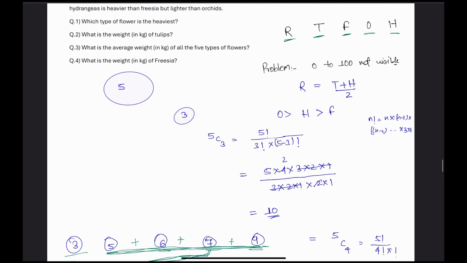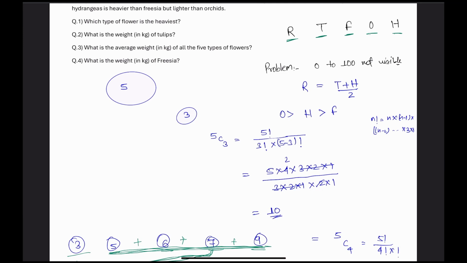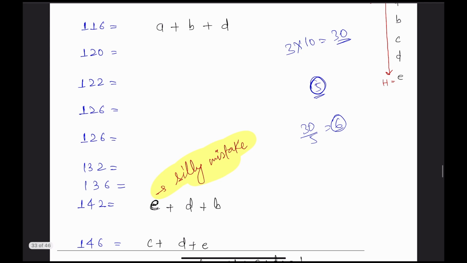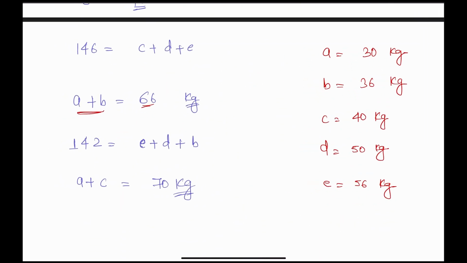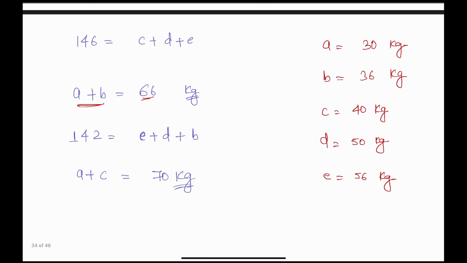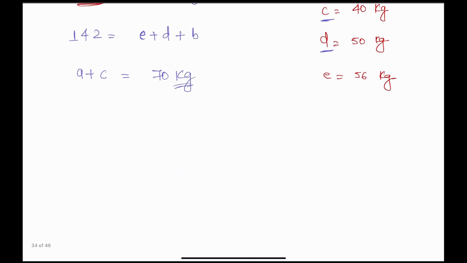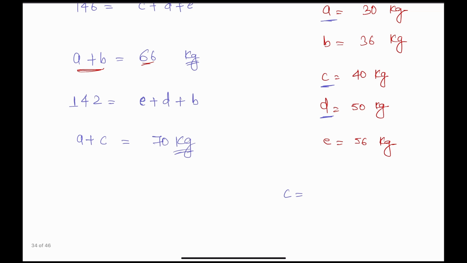That condition is R is the average of T and H. So if you want to find the average, these numbers are 30, 40 and 50, and the average is C equal to A plus D by 2, right?